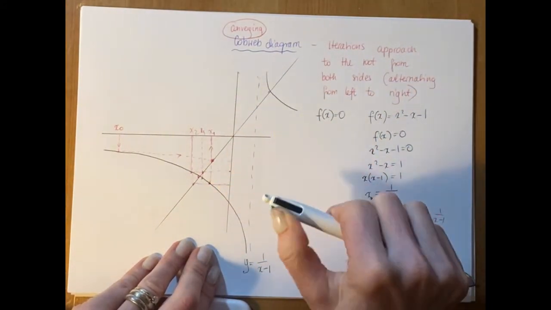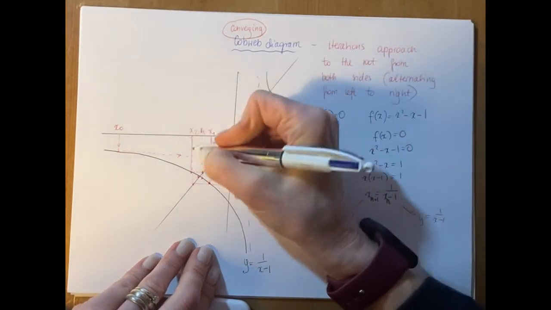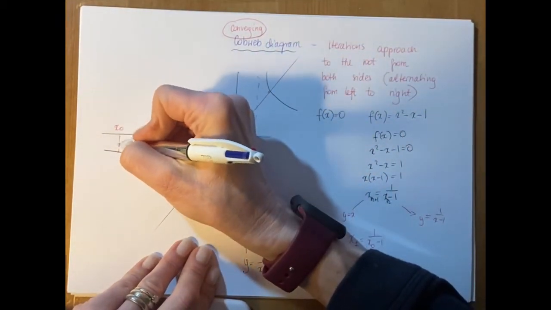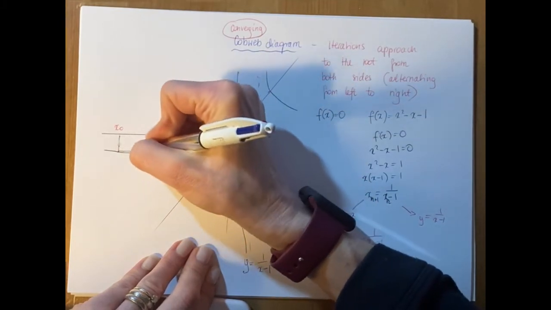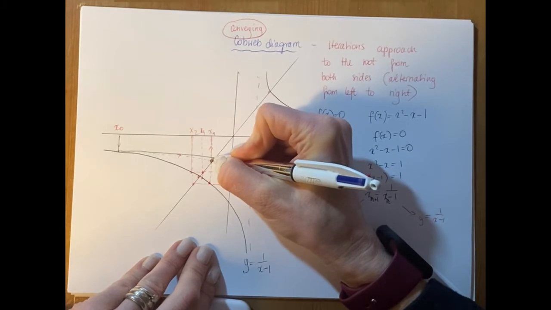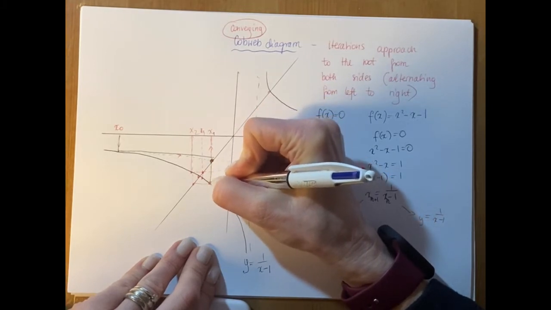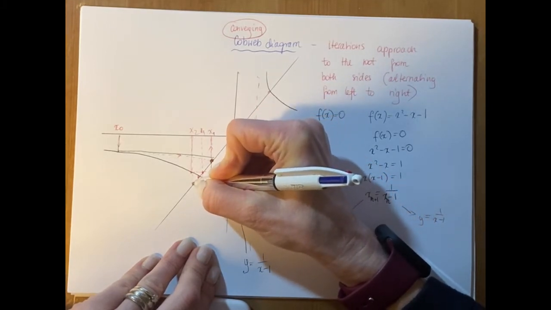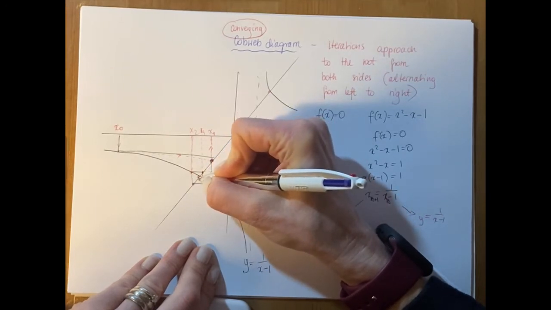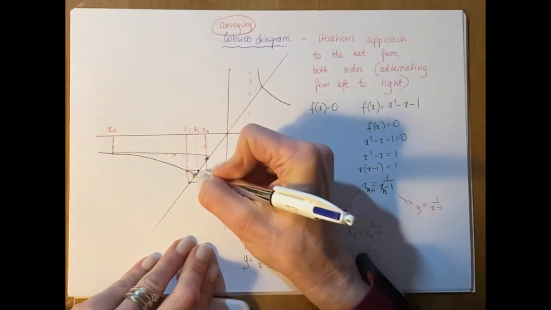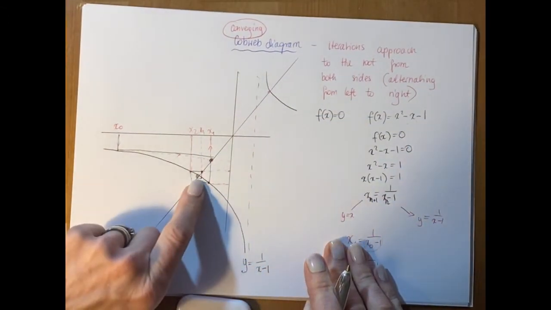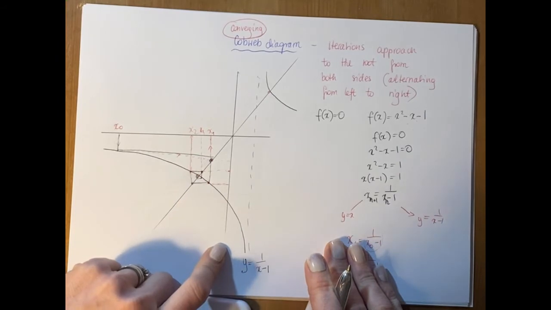If I go over it with a green, you can see very clearly that we started off with this journey over here, then we went all the way across over here, then we hit the line, then we hit the curve, then the line, then the curve, then the line, then the curve, and you're going to zoom in closer and closer to that solution, which is the x coordinate of that point of intersection.